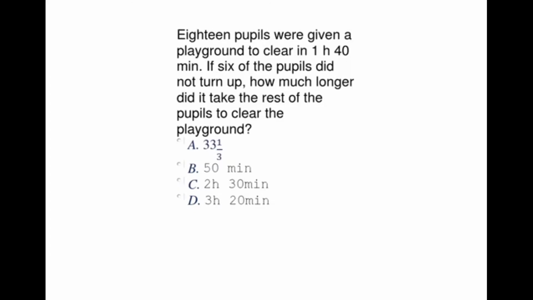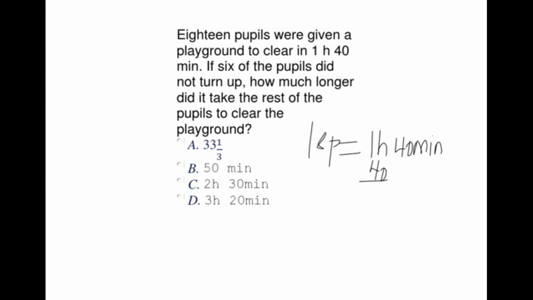18 pupils were given a playground to clear in 1 hour 40 minutes. If 6 of the pupils did not turn up, how much longer did it take the rest of the pupils to clear the playground? So 18 pupils were to clear the given work in 1 hour 40 minutes.